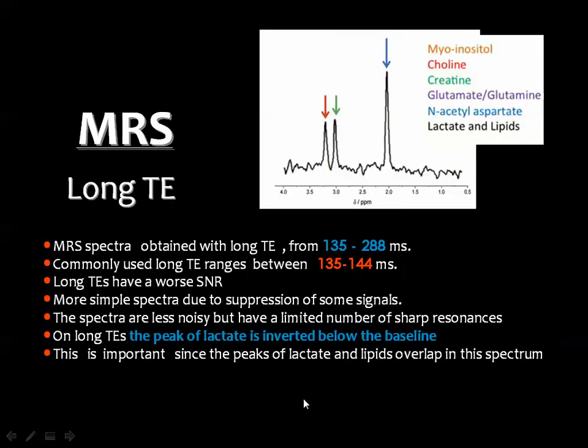Then the long TE is usually obtained in the range of 135 to 144 milliseconds. In previous days, they used the short TE in the range of 20 to 40, the intermediate TE in the range of 135, and the long TE in the range of 288.